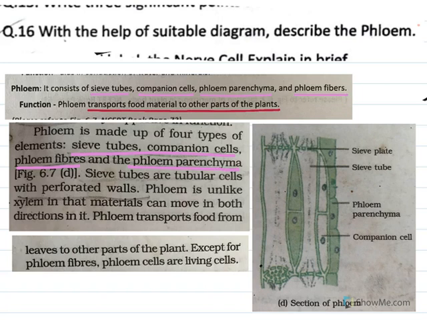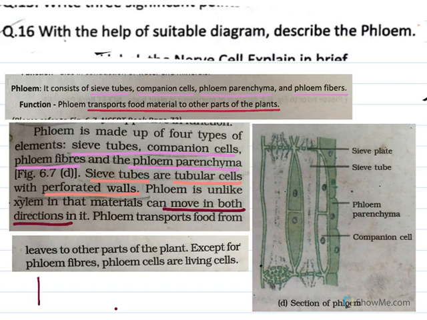Now, of all these, the sieve tubes are tubular cells with perforated walls. Their walls have got holes, the sieve tubes. They are the main cells of the phloem. So another important point is phloem is unlike xylem, and the materials can move in both directions.